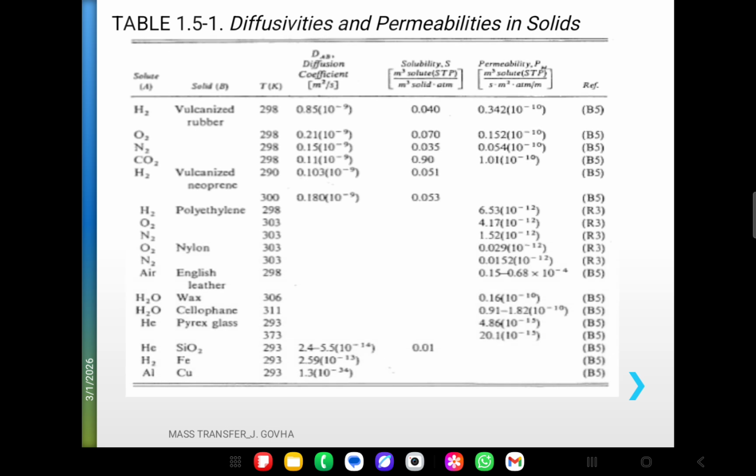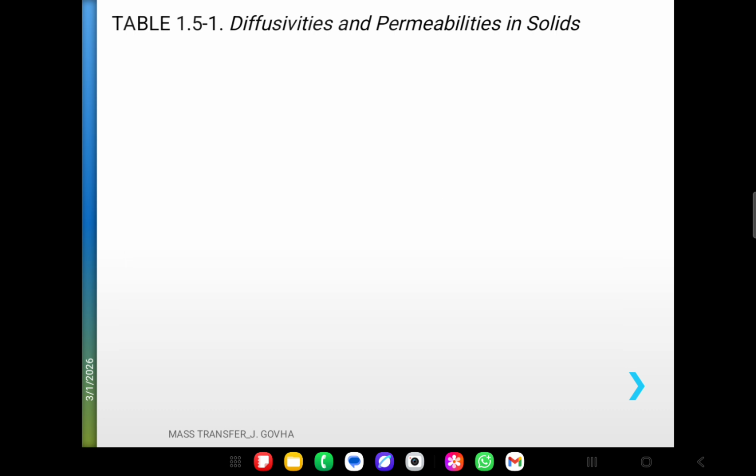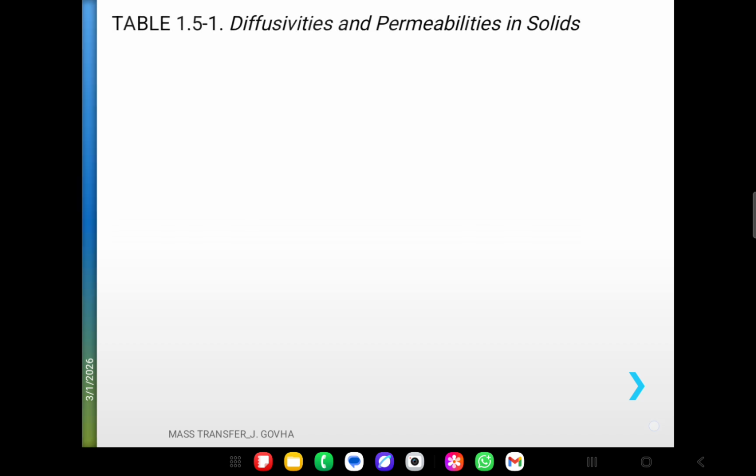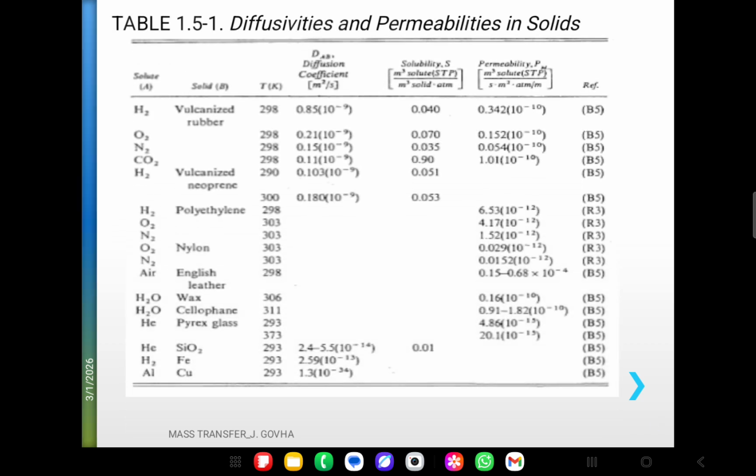From the table, this is where we have our polyethylene, and this is where we have our oxygen, and we don't have solubility data there.